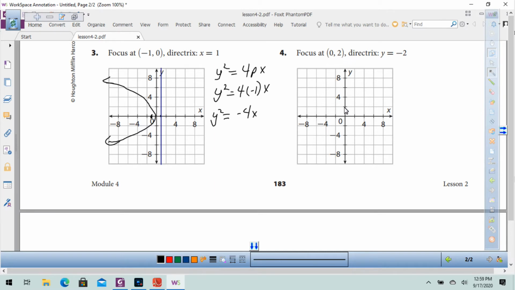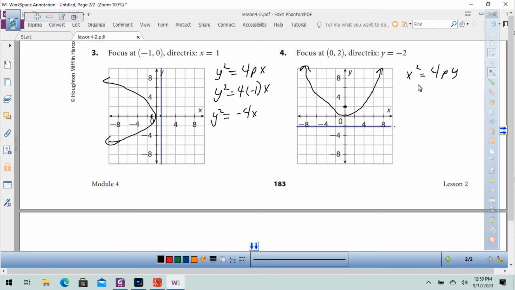Let's try number 4. We have a focus at 0, 2, that's right there, and a directrix at y equals -2. Notice this one is going to open up. So we're going to have x squared equals 4py.